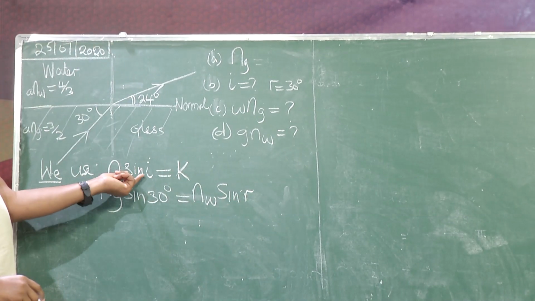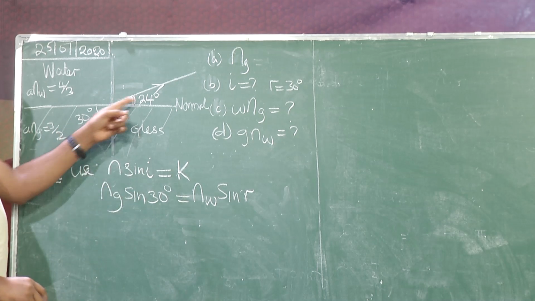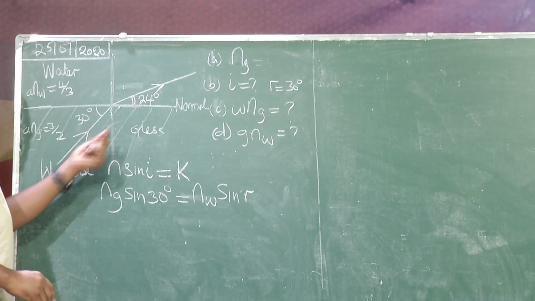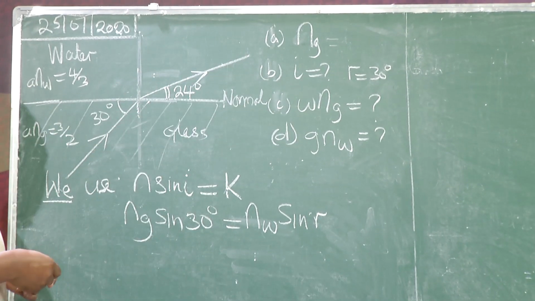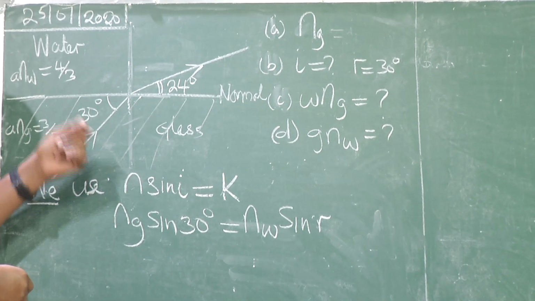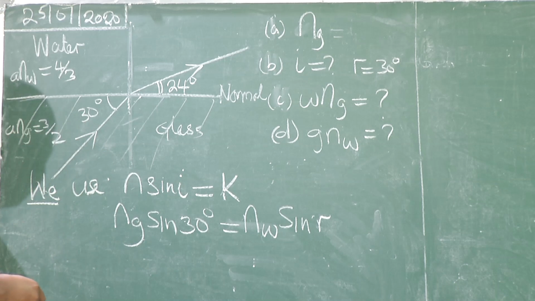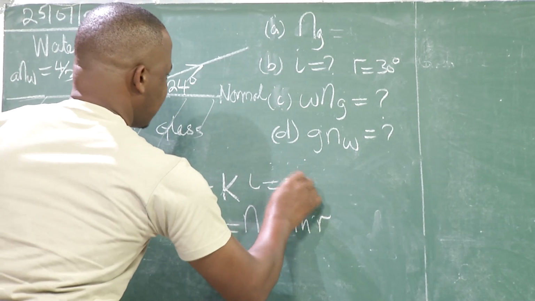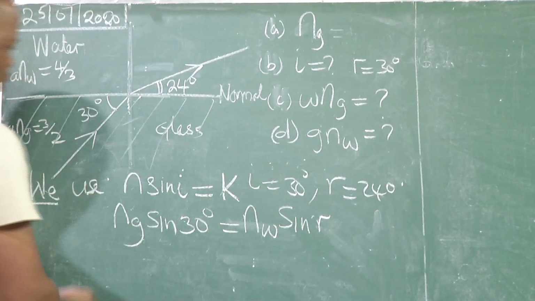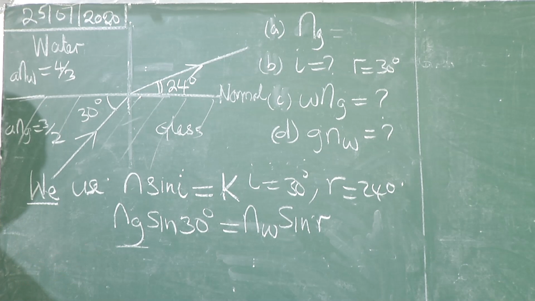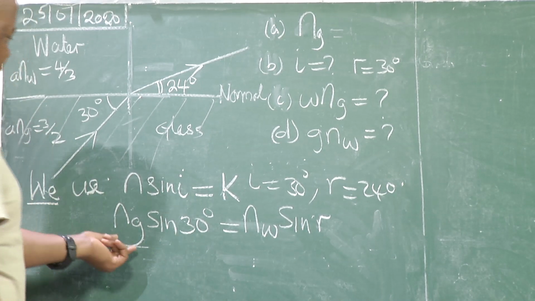We are saying n sine I is a constant, but I is treated as an angle of incidence if we assume that that ray is retraced to come back along the same path. So our I is 30 degrees, our R is 24 degrees, and we are looking for the absolute refractive index of glass.